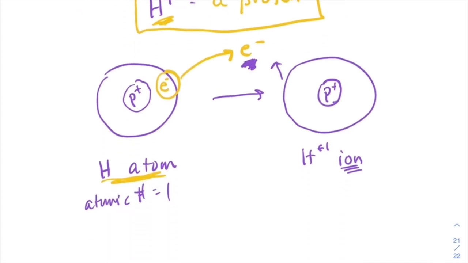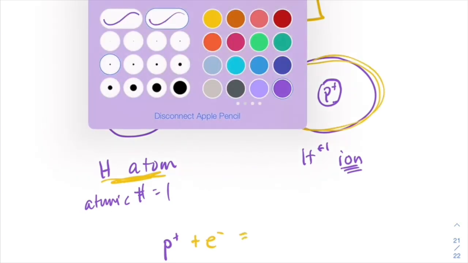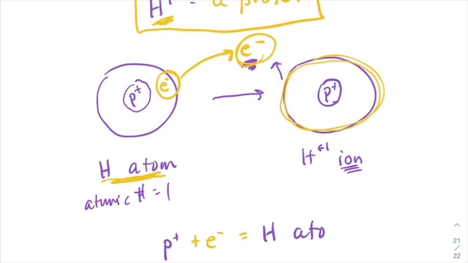Think about what an electron plus a proton equals. An electron plus its proton make a hydrogen atom, don't they? Not an S on there, a hydrogen atom, right there.